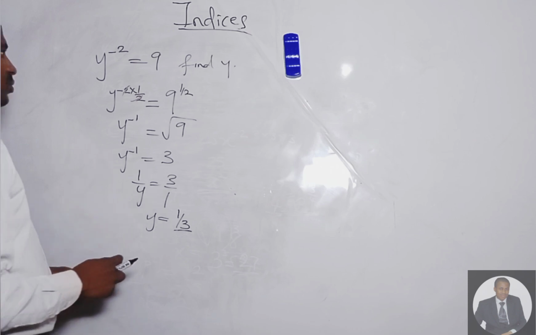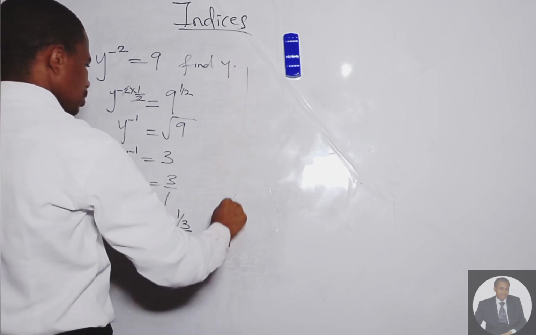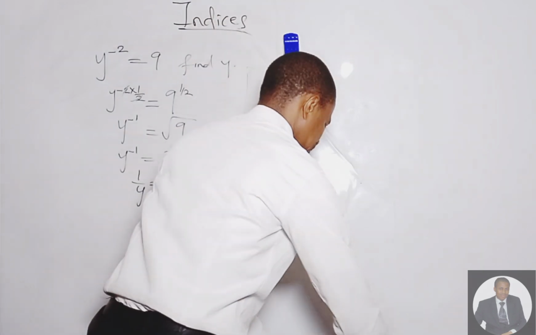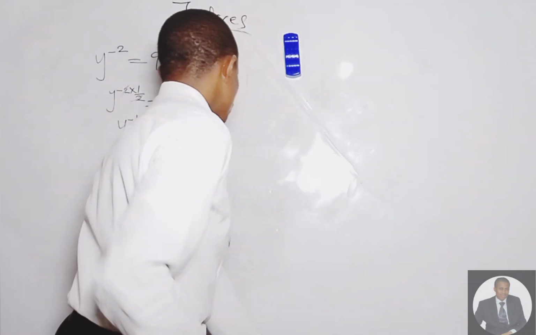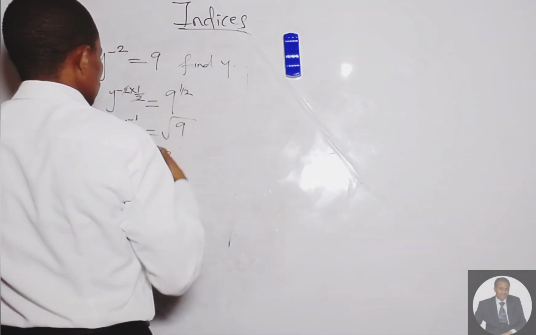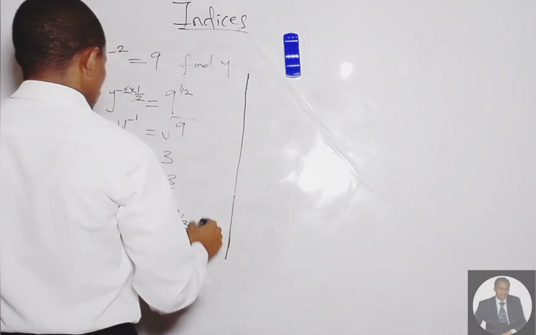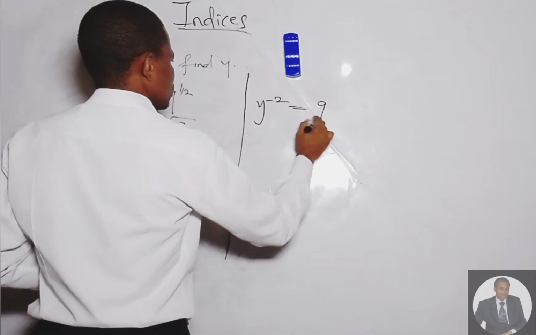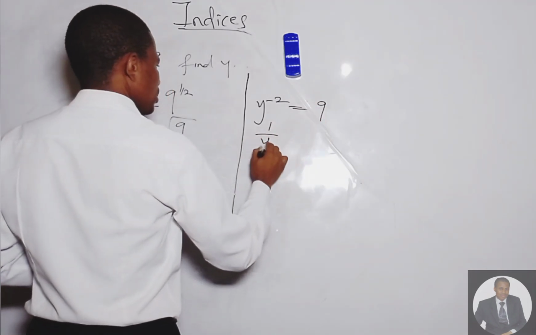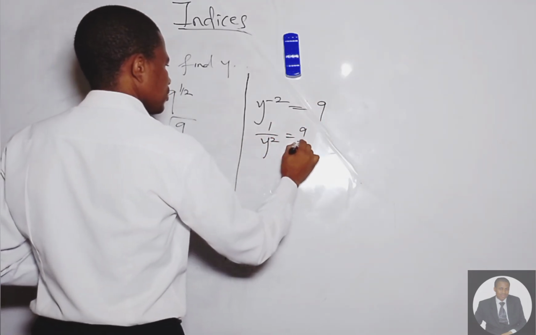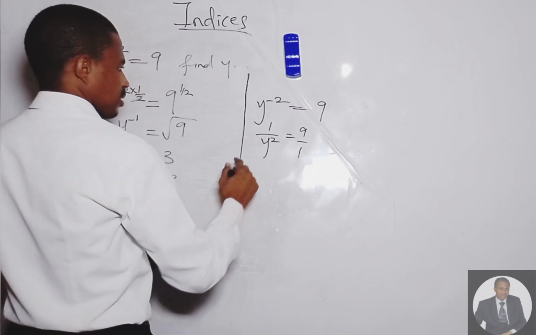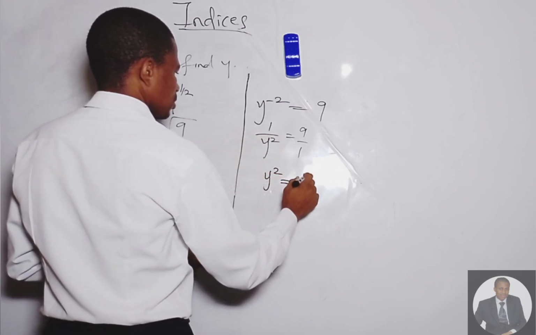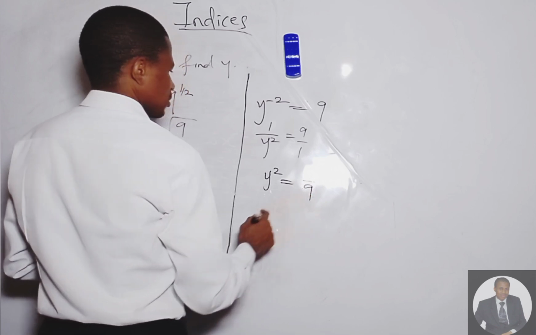This is one way of solving this question. We could also solve this question in another method. We could say y raised to the power minus 2 equals 9. This is 1 over y squared equals 9 over 1. Then the inverse: y squared equals 1 over 9.